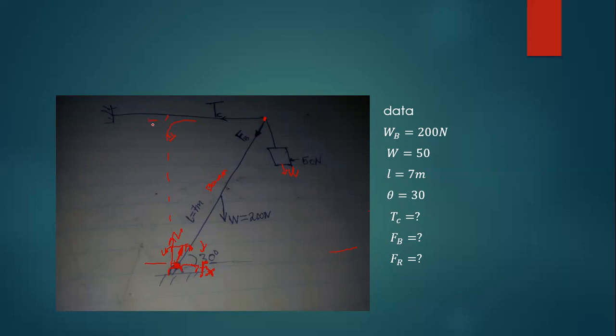This will be our perpendicular distance when we talk about the tension. This is the distance that makes 90 degrees with the force and the hinge. So again, for our weight, our perpendicular distance will be that distance.